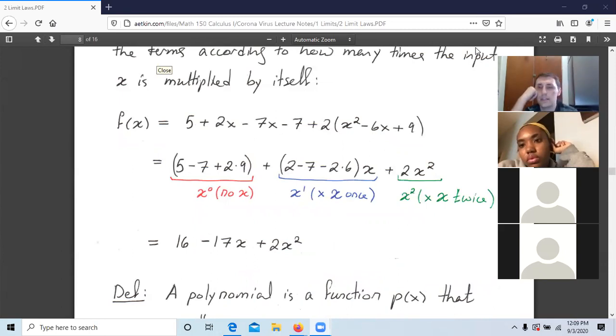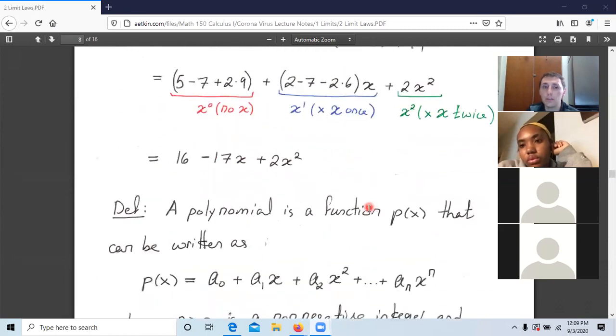I decided to organize the function based on the number of times I multiply the input. In some parts I multiply the input no times, here once, and here twice. That's an organizational presentation; I could organize it other ways. Here it is in increasing order: 0 multiplications by x, 1 multiplication by x, 2 multiplications by x. So that's what a polynomial is.